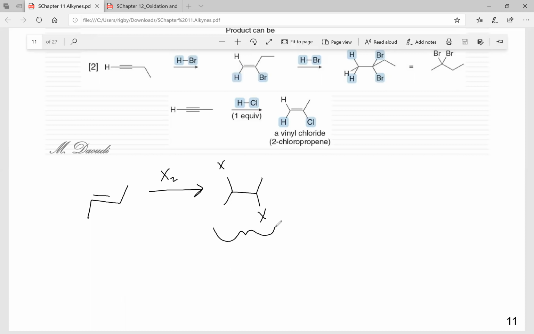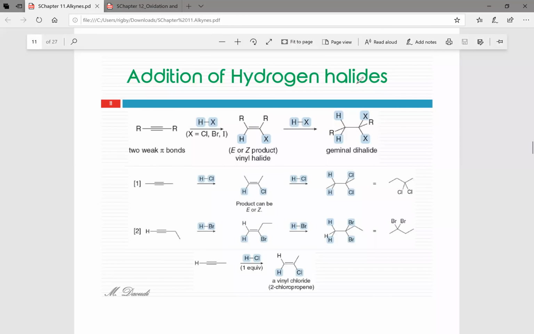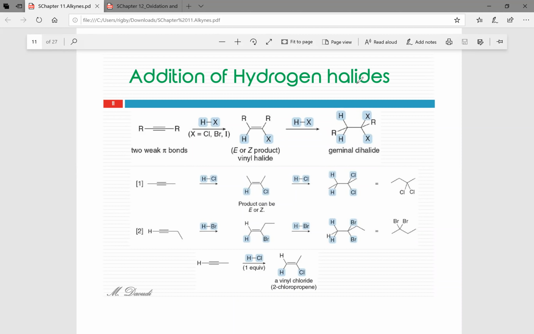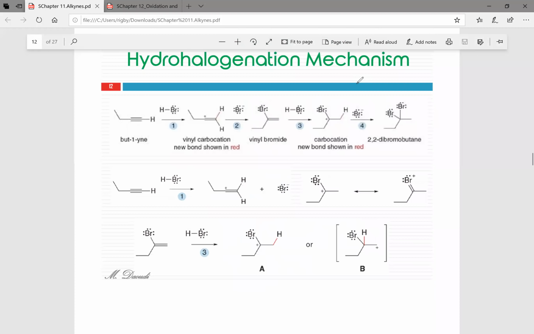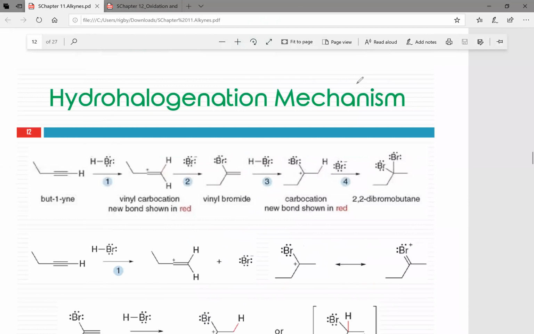So to make a vicinal dihalide, we do halogenation of an alkene. To make a geminal dihalide, we do the hydrohalogenation of an alkyne, okay? So that is how we make our two different dihalides, and that'll become a little bit more important when we do synthesis, which again comes back later in this PowerPoint, okay? Okay, so now let's talk about the actual mechanism of hydrohalogenation.